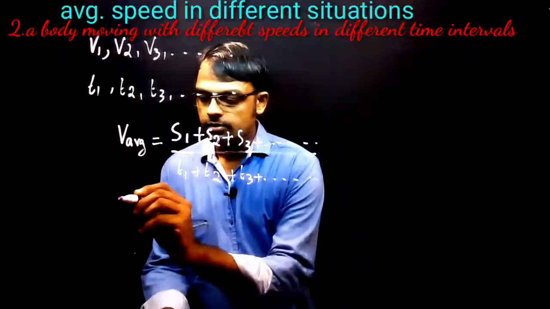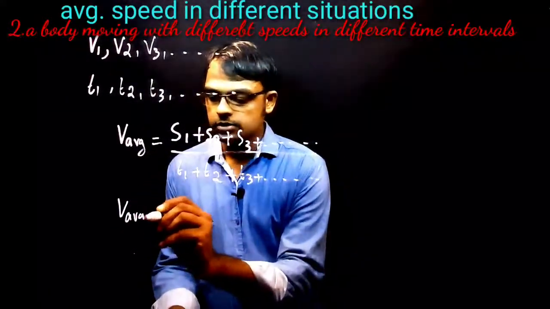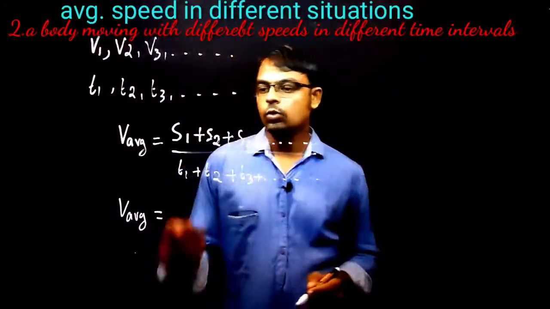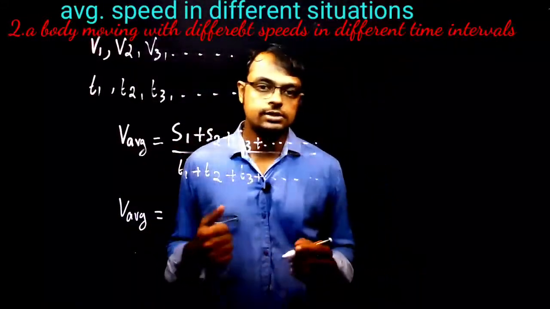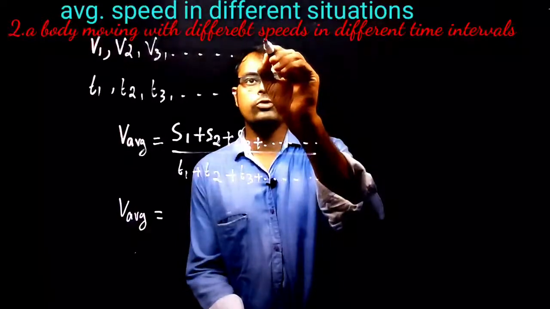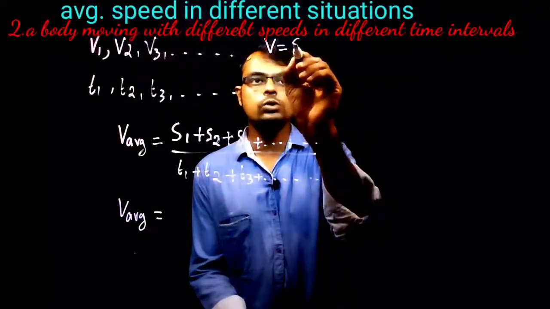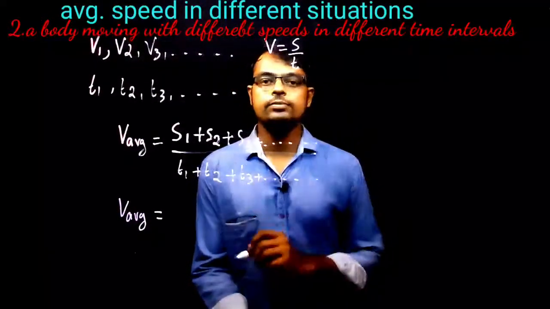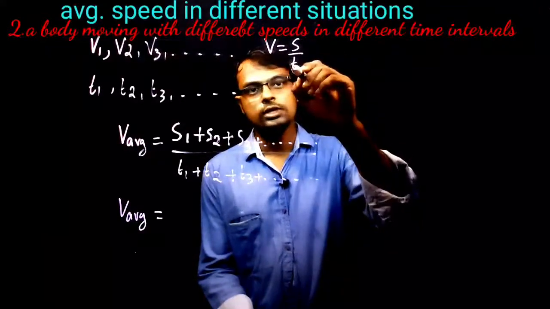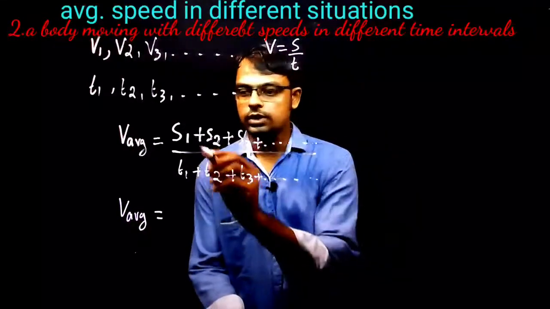That is, V average can be written as, now what is the distance here? Distance is not given, right? So we know the formula speed is equal to distance by time, so distance is equal to speed into time. So here what is S1?